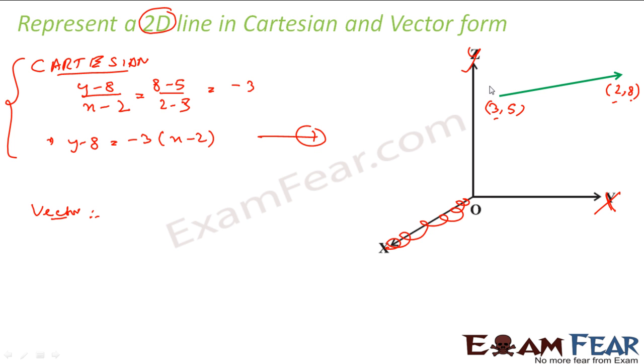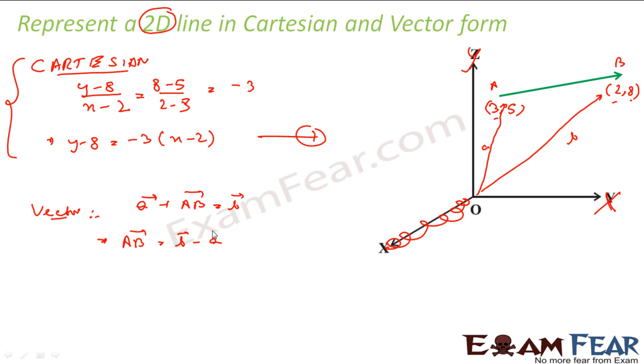Let's suppose this is my point A and this is point B. So this is the position vector for A and this is the position vector for B. In this equation, vector A plus vector AB is equal to vector B, or I say my vector AB is nothing but B vector minus A vector.